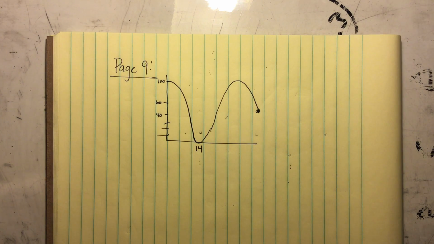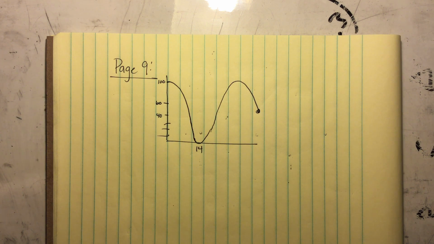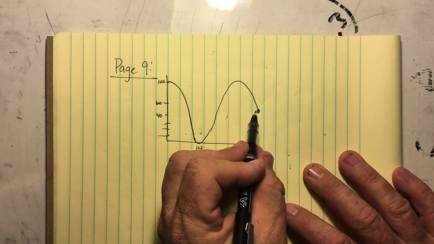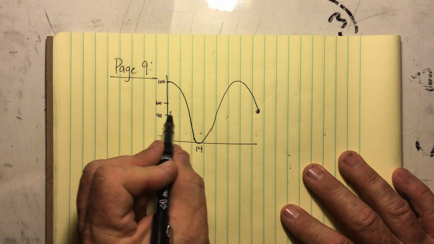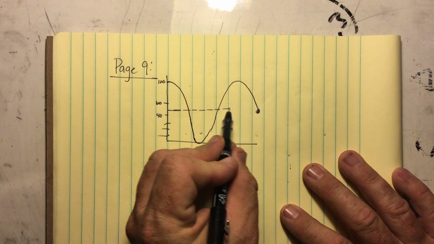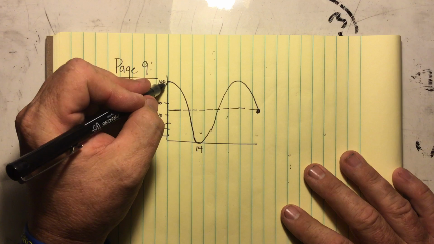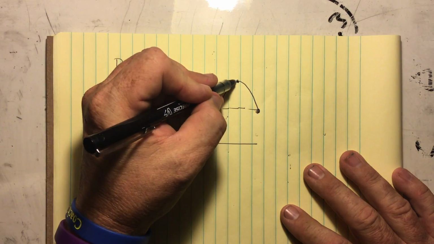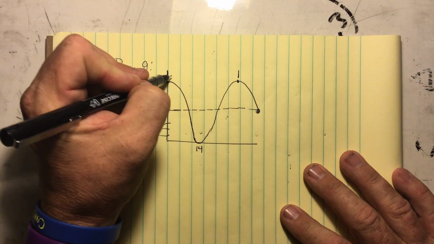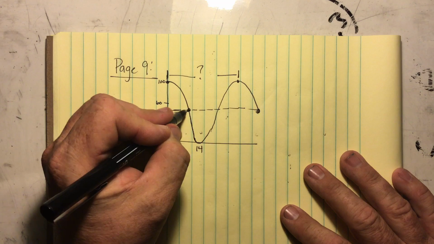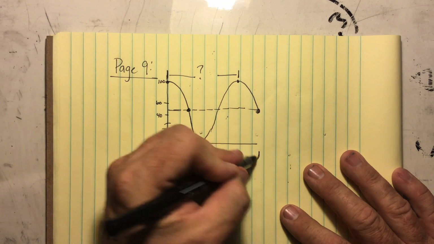You guys have a diagram in your packet, and it says use the graph to determine the moon's period of revolution and its amplitude. Well, we're looking at a midpoint of right about here. And I would say either you're going to use this point from here to here for a period, or you're going to use this point from here to here.